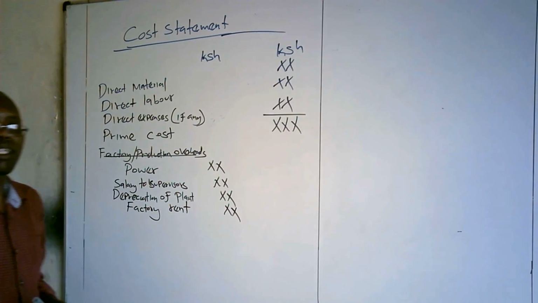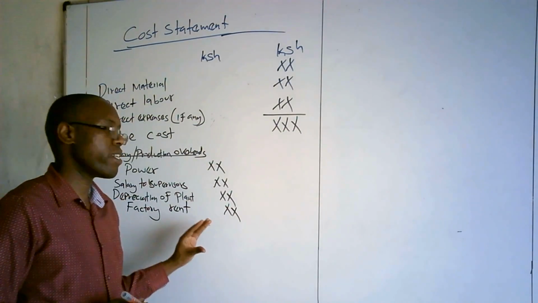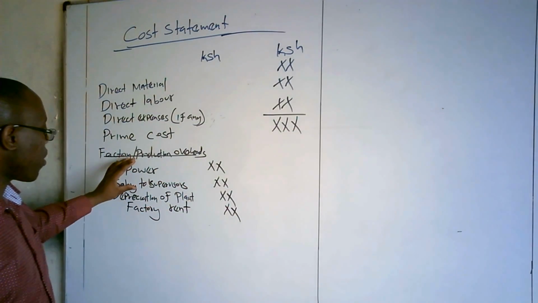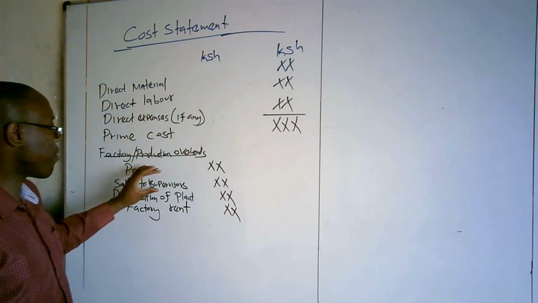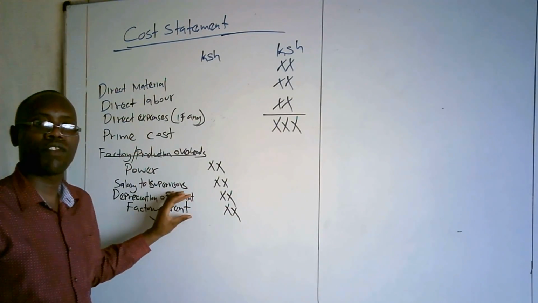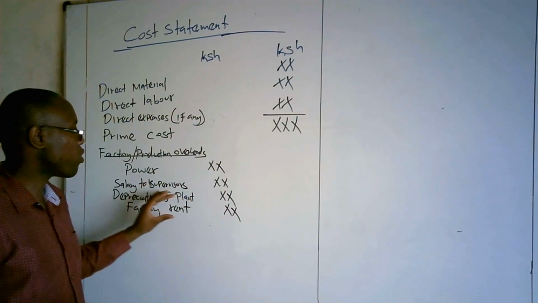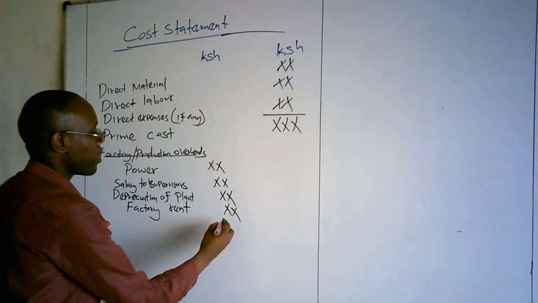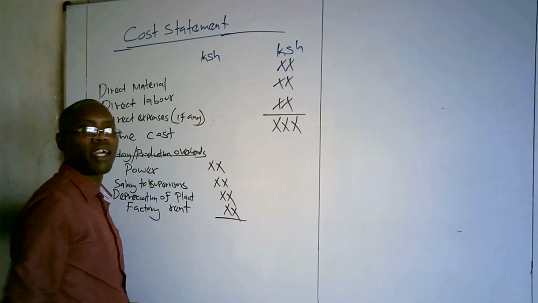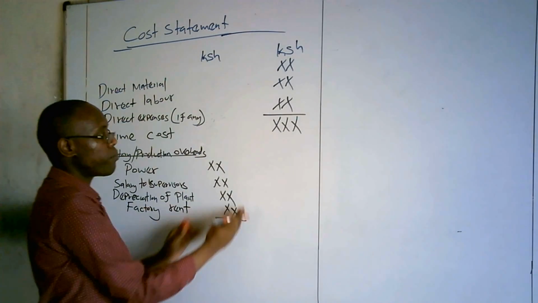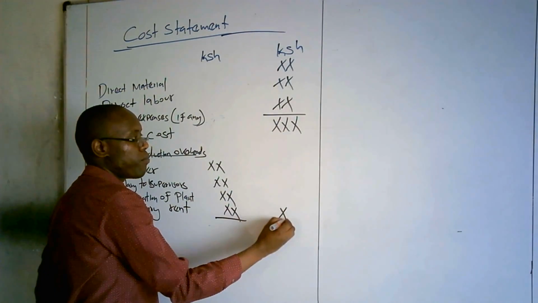So those overheads that are going to be incurred in the factory, like the power, the salaries to supervisors, the depreciation of the plant, and also the factory rent, you are going to capture them here under the first particular column, and then you sum them up and bring them here.